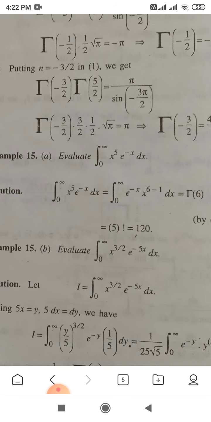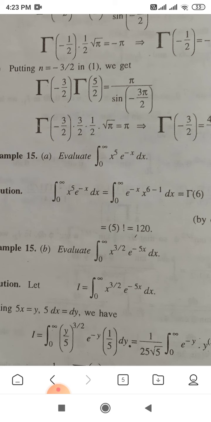Evaluate another integration: 0 to infinity x to the power 5 e to the power minus x dx. Here the limit is 0 to infinity, which is the limit of the gamma function, and x to the power 5 can be written as x to the power 6 minus 1, and e to the power minus x stays as is.